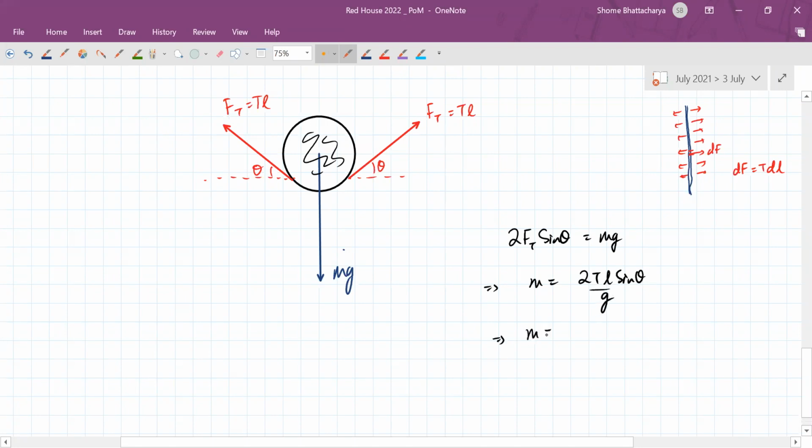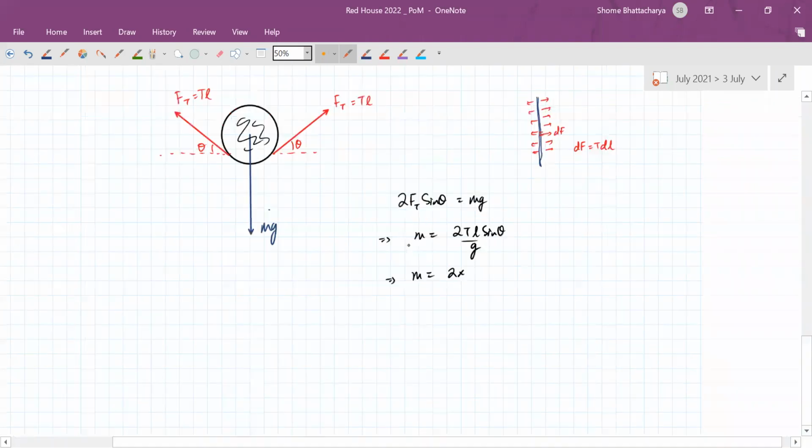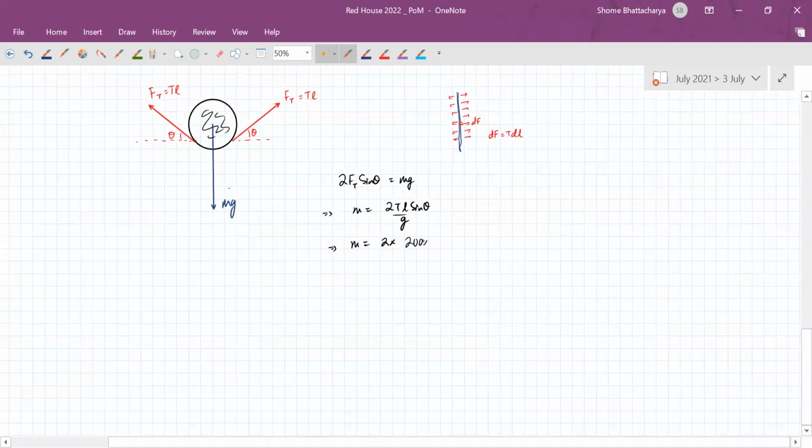So that is 2 times, now the surface tension was taken as 200 millinewtons. So in newtons per meter, it will be like this. The length was 4 centimeters. So in meters, it will become like this. Divided by 10 into sine theta.